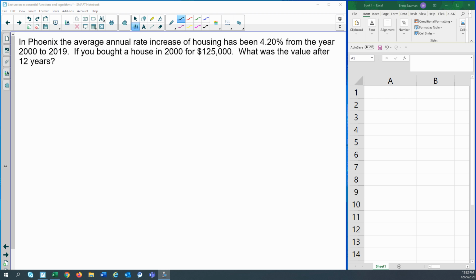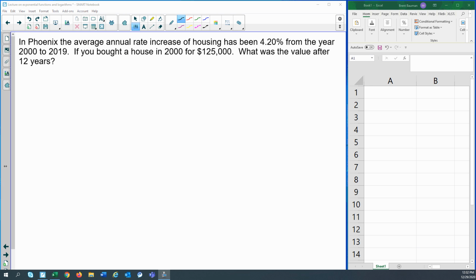Alright, so let's look at our second example, and with this one we're going to have to try to create our exponential function and then use it instead of trying to manually get there for 12 years. So in Phoenix, the average annual rate increase of housing has been 4.2% from the year 2000 to 2019. If you bought a house in 2000 for $125,000, what was the value after 12 years?